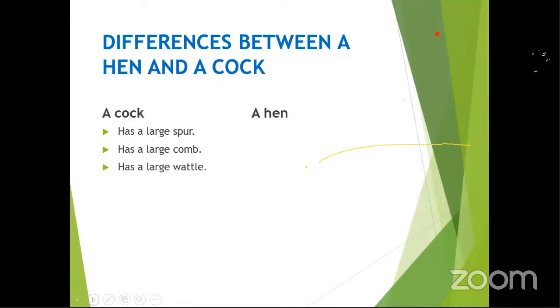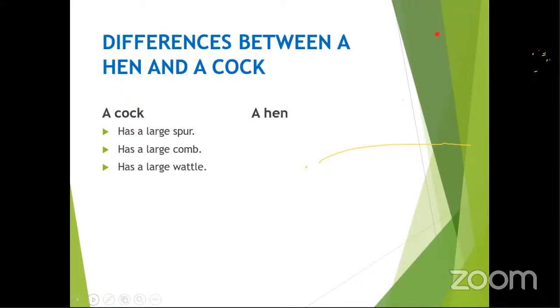So they also have a large comb. If a cock has a large comb, it means a hen has a small comb. A cock has a large wattle. It means that a hen has a small wattle. When you're giving the differences, you must use 2 words. You can say whereas or while.